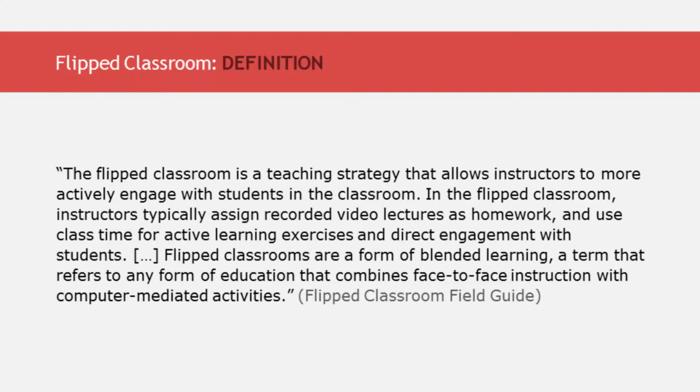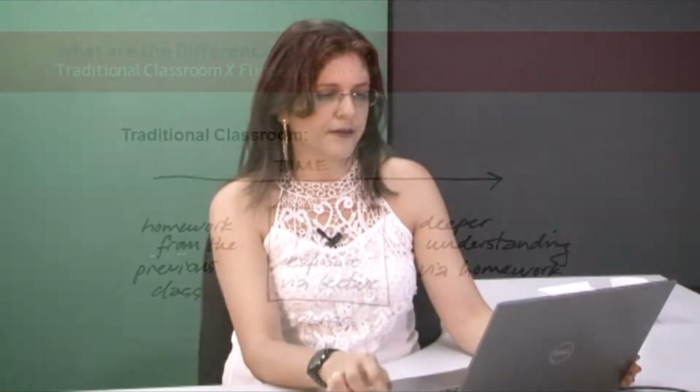Flipped classrooms are a form of blended learning, a term that refers to any form of education that combines face-to-face instruction with computer-mediated activities. And what are the differences between traditional classroom and a flipped classroom? Let's see them.